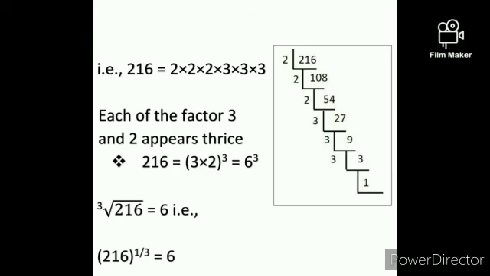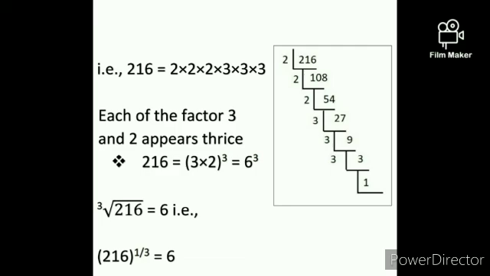Then 2 is to be multiplied by 27 to get 54. 3 is to be multiplied by 9 to get 27. 3 is to be multiplied by 3 to get 9. And 1 is to be multiplied by 3 to get 3. So the prime factors of 216 are 2 into 2 into 2 into 3 into 3 into 3.